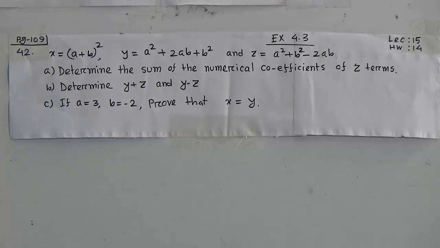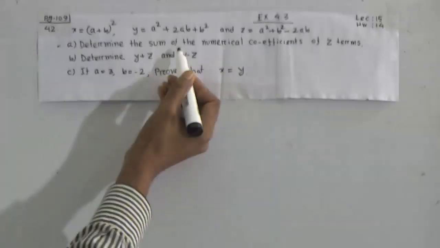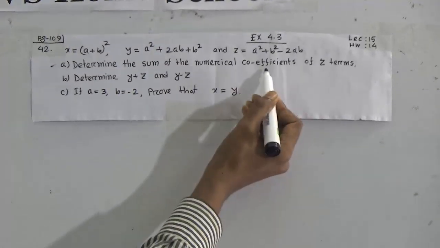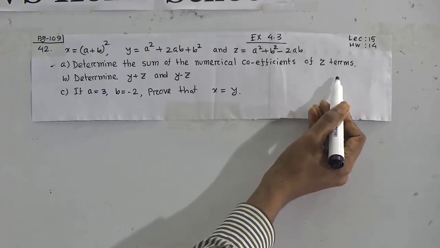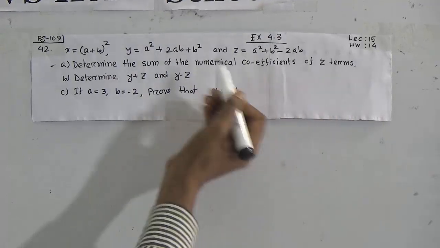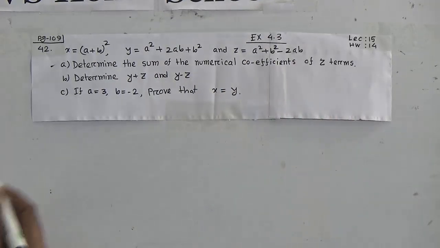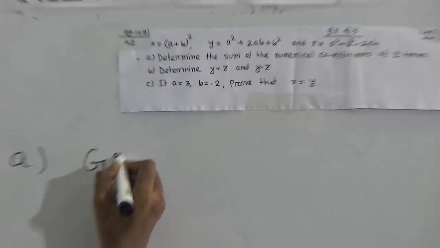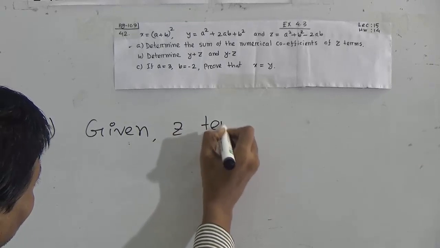At first I will solve question number A. Okay, you write here A number. Determine the sum of the numerical coefficients of the z terms. So at first you write the z terms.